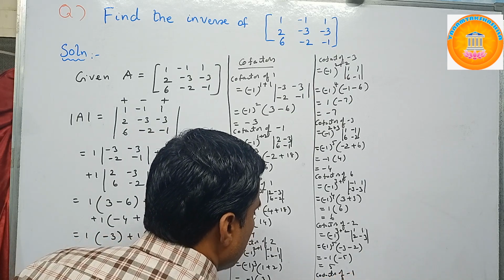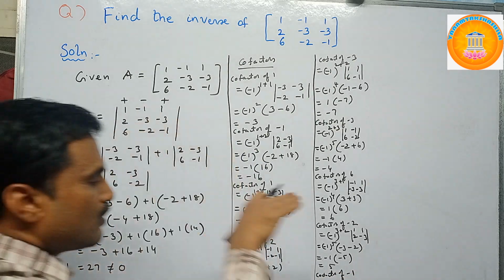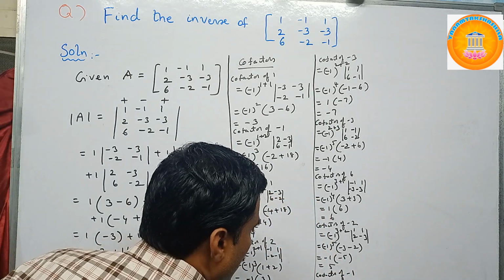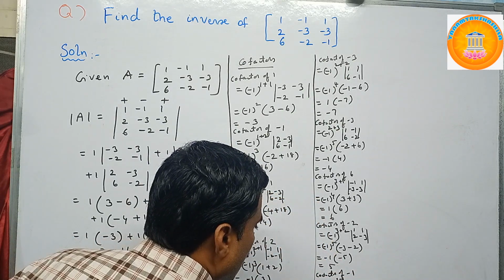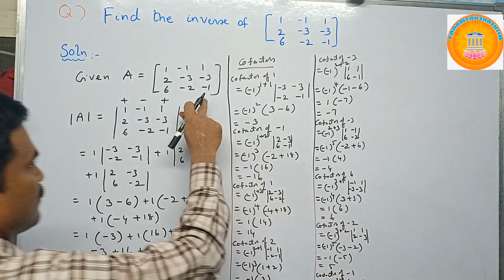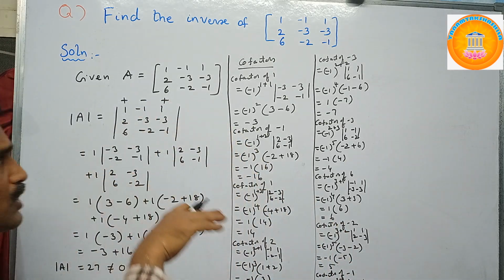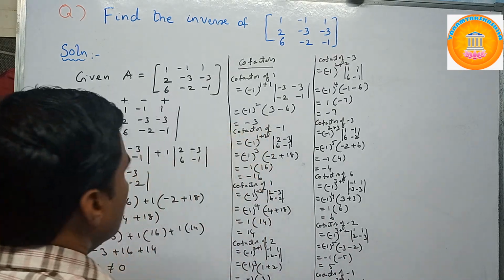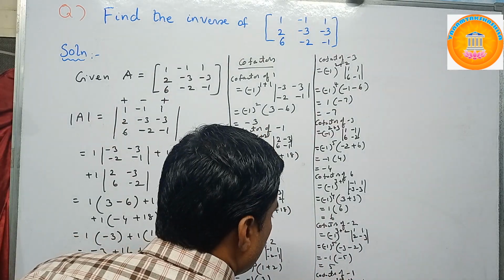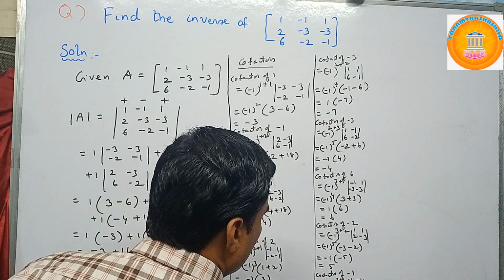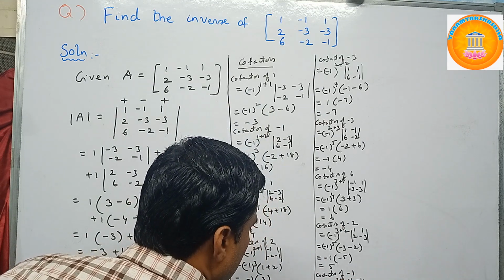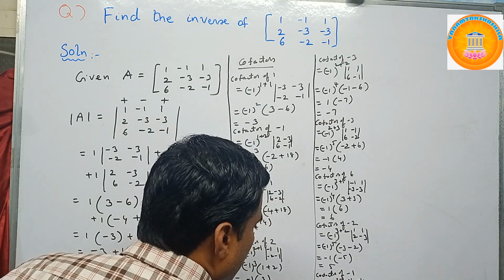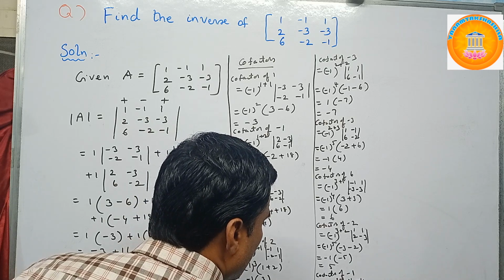So where is minus 1? Minus 1 is in third row and third column. So we get minus 1 power 3 plus 3, into minor of minus 1. That means it is a determinant of the elements which are not in third row and third column. So what are those elements? 1, minus 1, 2, minus 3. So we get minus 1 power 6. Now 1 into minus 3 is minus 3, plus 2.